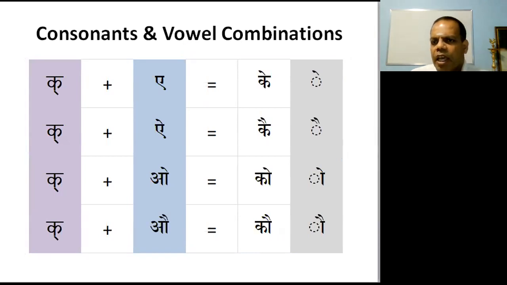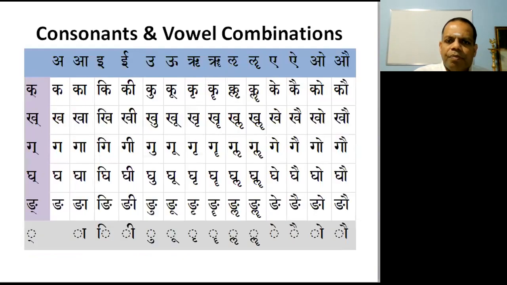So this is the way the 33 consonants will go with each of those vowels. Okay, so I have only covered ka today in those 3 slides. I have another slide where I have put the entire ka varga. Okay, so you can see the ka, kha, ga, gha, and nga.